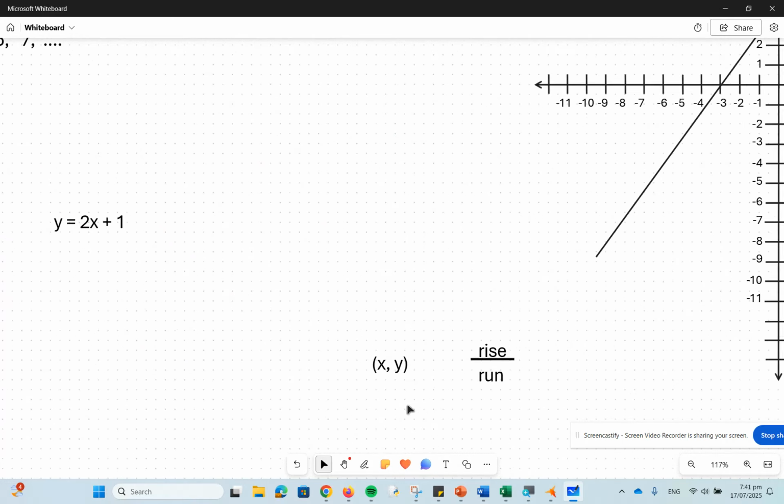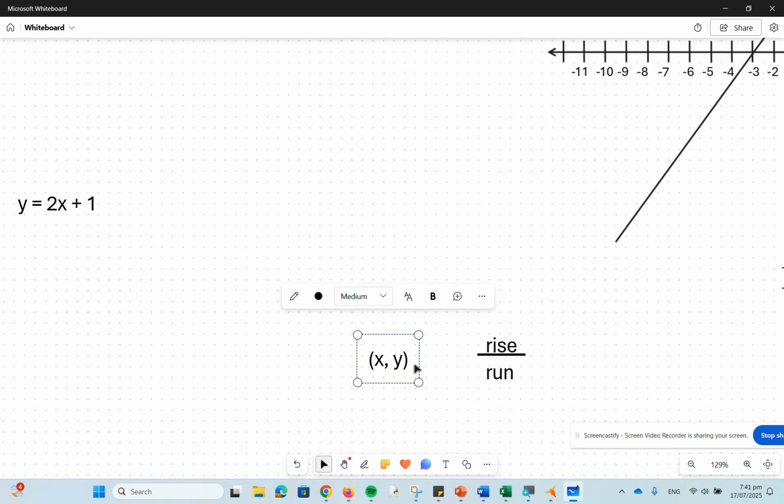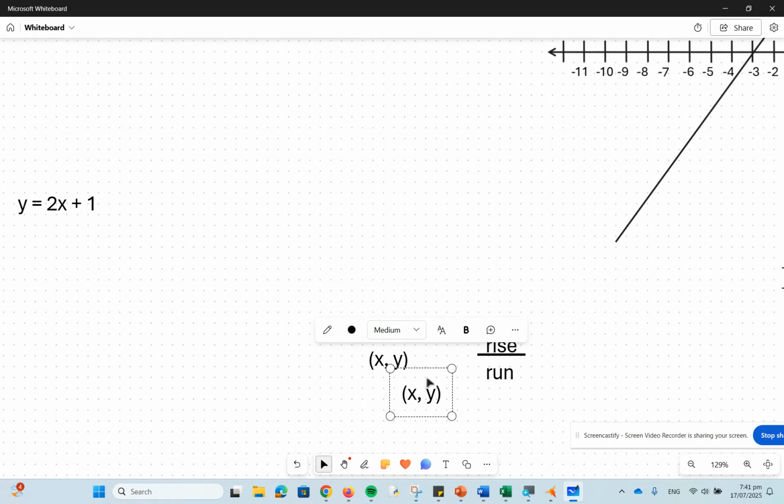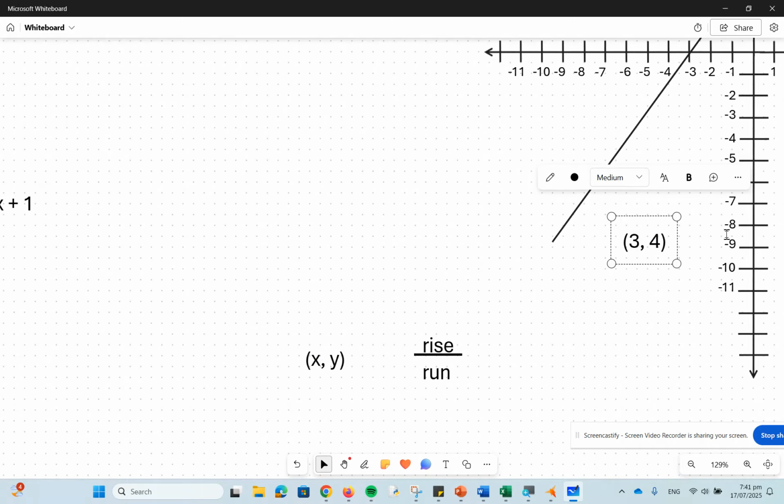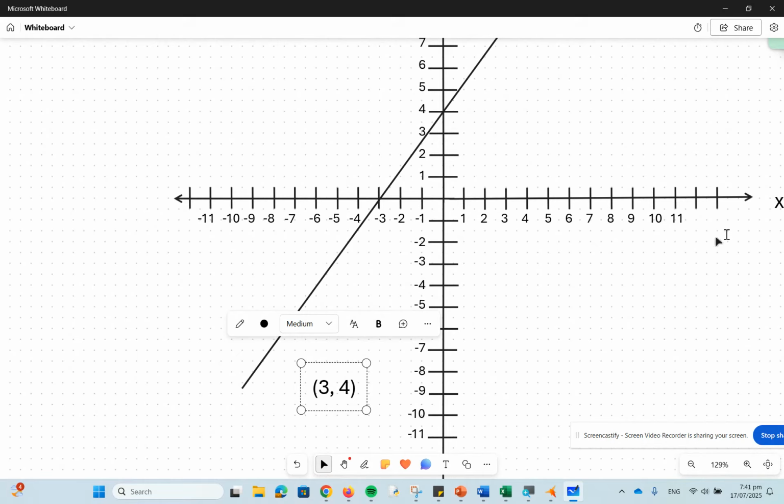For example, I'll copy that and duplicate it, and change this to 3, 4. The first one is x going across, and the second one is y. It could be negative or positive on both of them. So we're going to plot these coordinates, x and y, and this would be achieved type stuff.